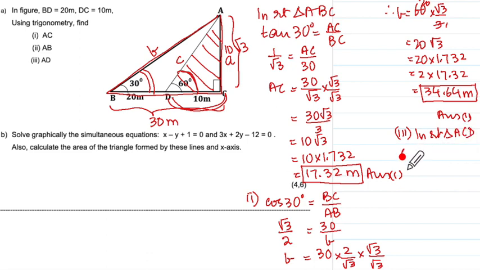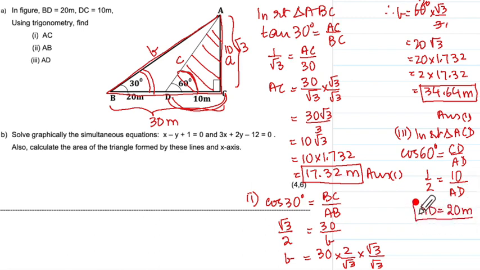And we will have cos 60 degrees is equal to CD upon AD. Cos 60 is half. Half is equal to CD, which is 10 meters, upon AD, which we do not know. So AD comes up here, 2 comes here. So AD is 10 into 2, that is 20 meters. There. Haven't we found all three? Wasn't this easy? Write in the comments.